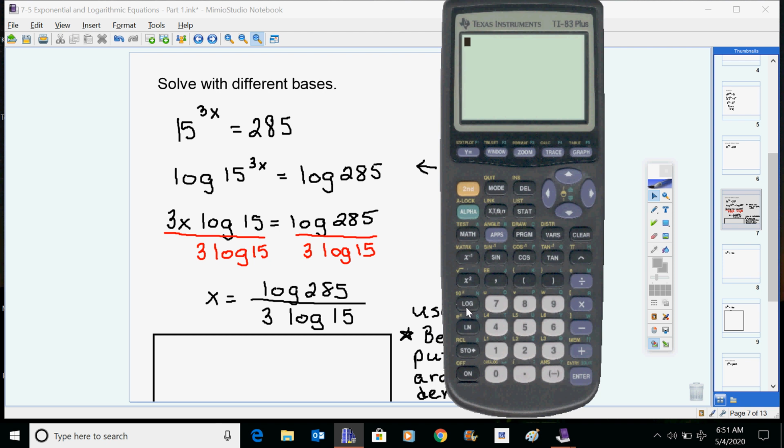So I can put in log of 285 divided by, and then parentheses around your denominator so it remembers to treat this as a group, 3 times the log of 15. And then notice it gives an automatic parenthesis here, but I need to close this parenthesis to make it work. And your 84s make it look a little bit more elegant than this, but we'll just do this.